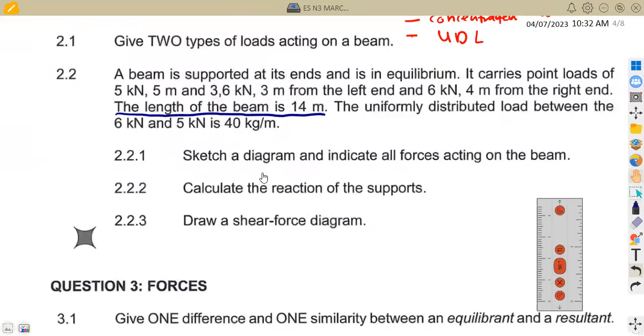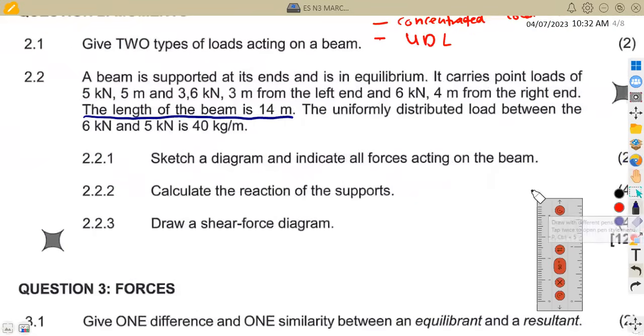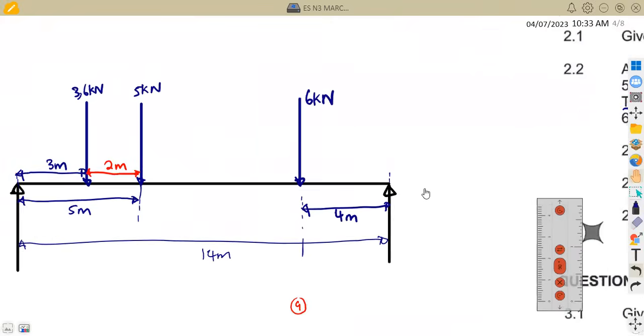Then we are given this part, we talked about it, that the length is 14 meters. Then we are given that the uniformly distributed load between the 6 kilonewton and 5 kilonewton is 40 kg per meter. All right, between 6 and 5 kilonewton. Okay, let's check. Between 6 and 5, where do we have this point?